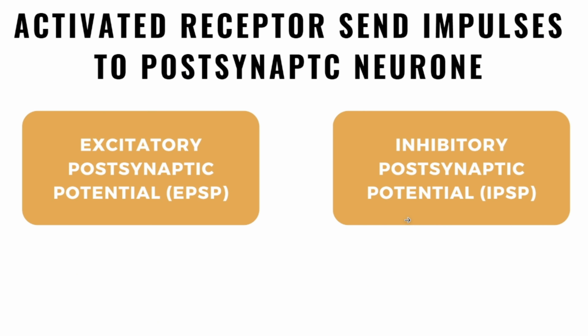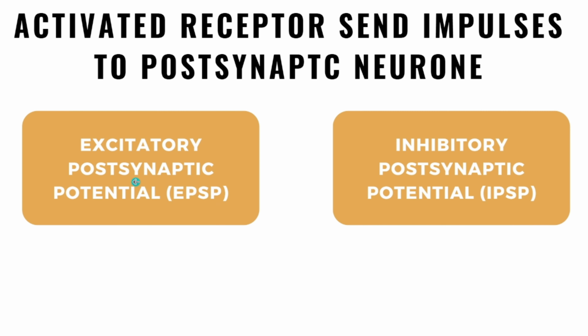Okay. So normally, as I mentioned, when the receptor is activated, it will send the impulse to the postsynaptic neuron. We know there are two main types of impulse: either excitatory or inhibitory.